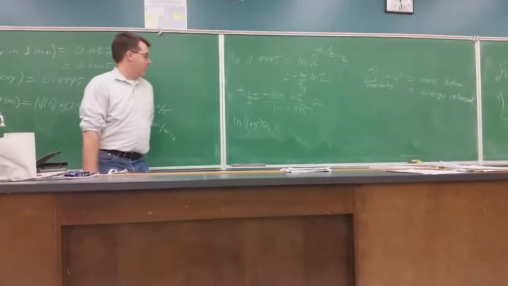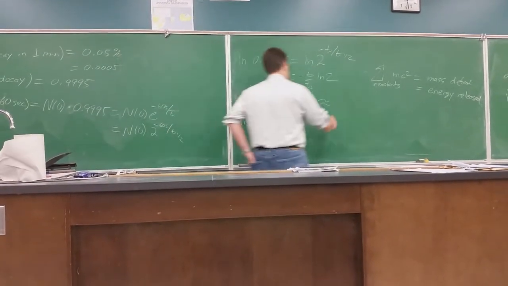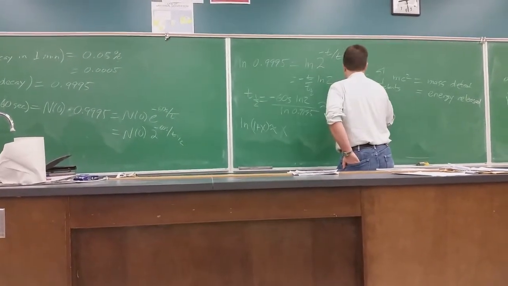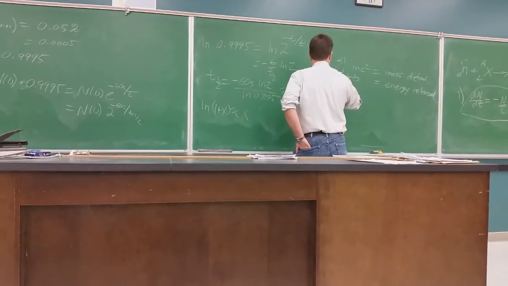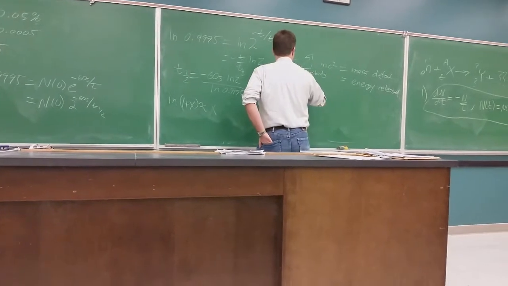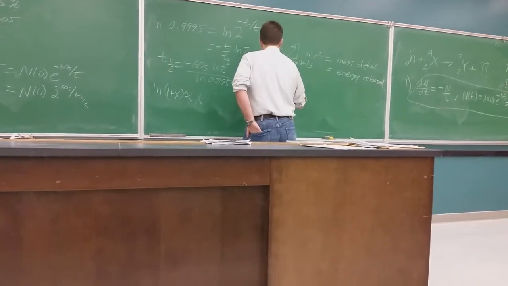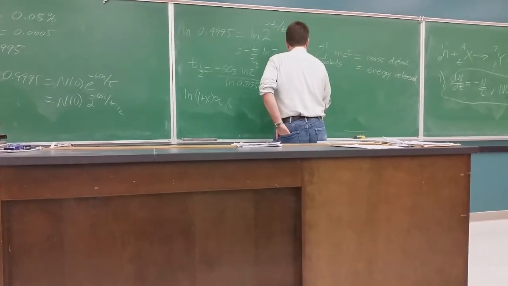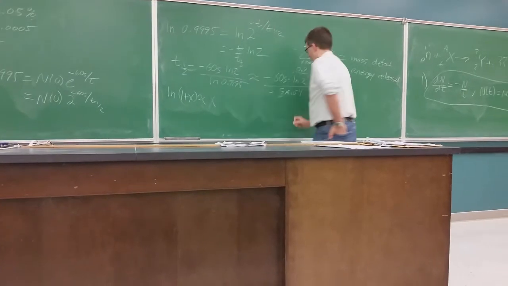So here x is minus 0.0005. So it's going to be minus 60 seconds times ln of 2, which I think is 0.7 or something close to it, over minus 5 times 10 to the minus 4.